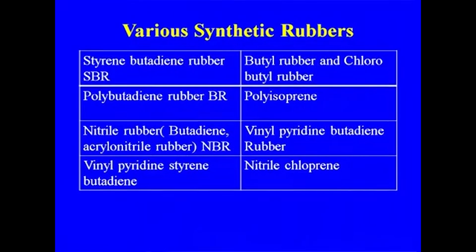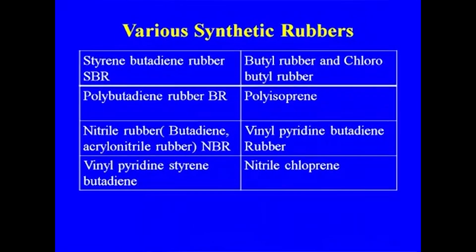Another important one is nitrile rubber, made from butadiene and acrylonitrile, because that was a requirement of the time during World War, for sealants, because of its resistance towards oil. So, this was one of the very important developments with nitrile rubber.